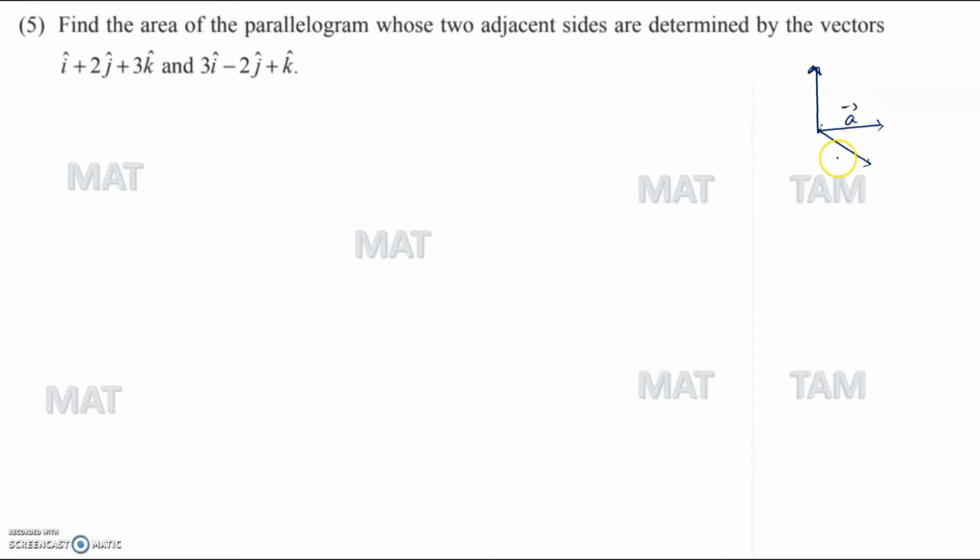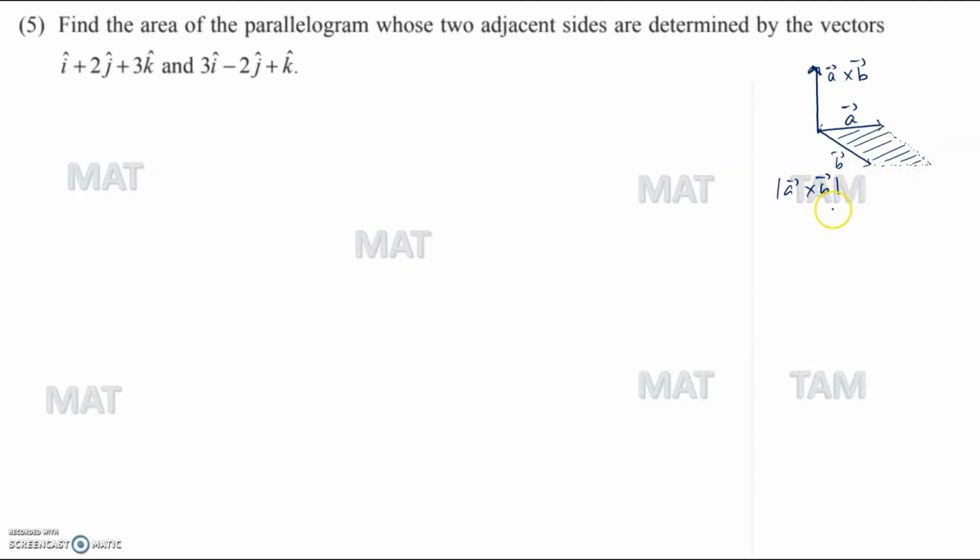Before we solve this problem, let's recollect some of our identities. Now, if this is vector A and vector B, and this is our vector cross product or vector product with B, then the magnitude of this vector product with B can be defined as the area of the parallelogram with A and B as its adjacent sides.